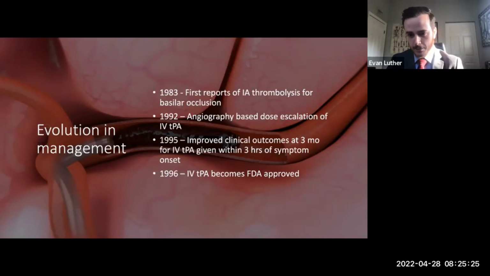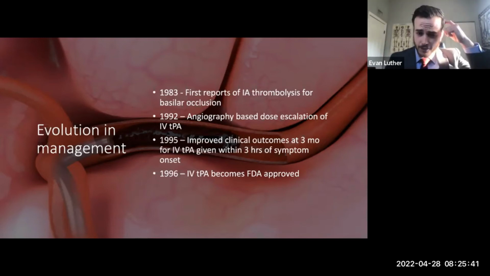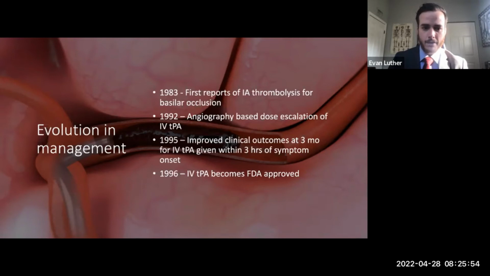They found that distal M3 occlusions often recanalized with IV TPA, but recanalization rates remained low for more proximal vessel occlusions like an M1 or an M2. Then in 1995, a trial first demonstrated that IV TPA improved clinical outcomes within 3 hours of symptom onset for stroke. So, you think about it, that was within my lifetime that IV TPA was developed.